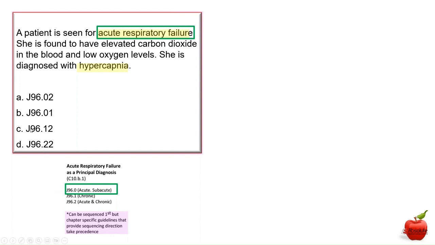So that means that J96.1, that's referring to chronic, okay? Because this is really just giving you the framework. You're going to have to go over and see where it lives in order to complete the code. But this is getting you into the coding category. J96.1, that's going to be chronic. If it's J96.2, that's acute and chronic. Think two. I need two, acute and chronic. I need one that is chronic, and then acute, it's zero.